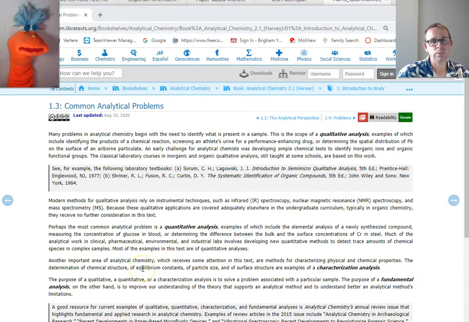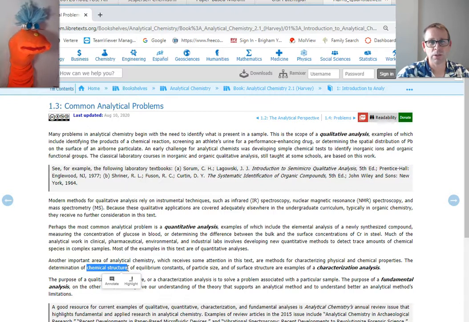For example, we might want to know the chemical structure of a compound. The presence of a chemical is one thing, but identifying the chemical structure of a compound is also something that's important, and applying analytical approaches to identifying chemical structures is important.